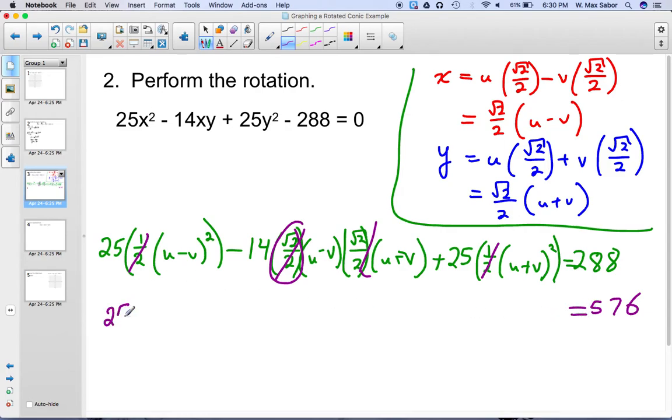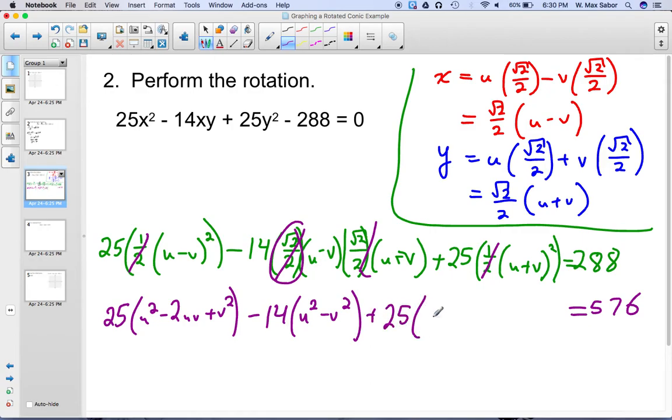And now we have 25 times (U squared minus 2UV plus V squared), negative 14 times the difference of squares, and 25 times the perfect square trinomial.